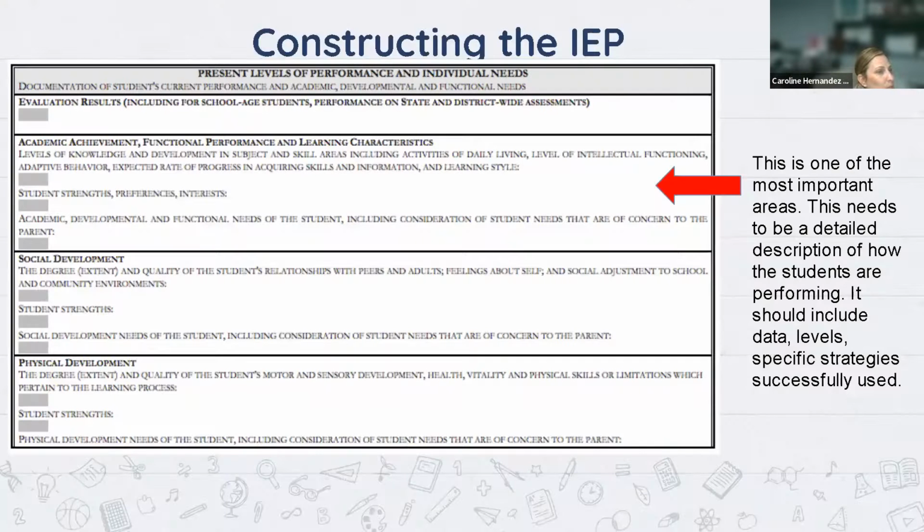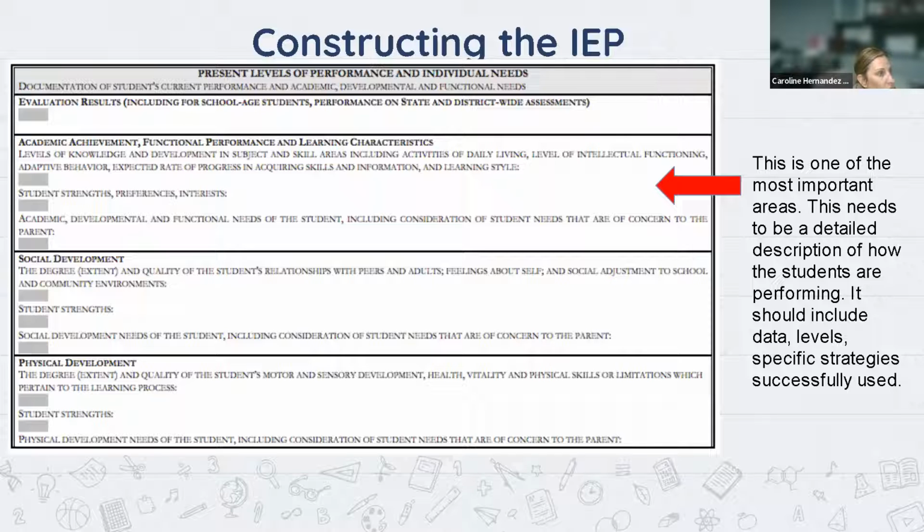When you look at the different parts of the IEP, one of the most important areas that needs to be detailed, in terms of the description of how the student is performing, is the performance and learning characteristics in the area of academic achievement and function. Oftentimes we'll refer to these as the PLEPs, or the present levels of performance for an individual student.